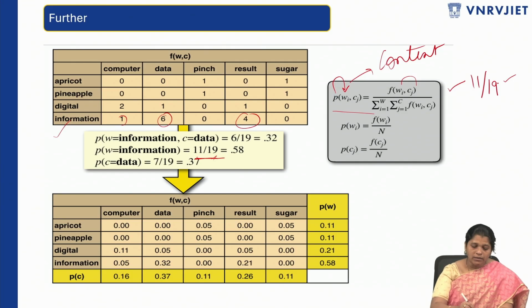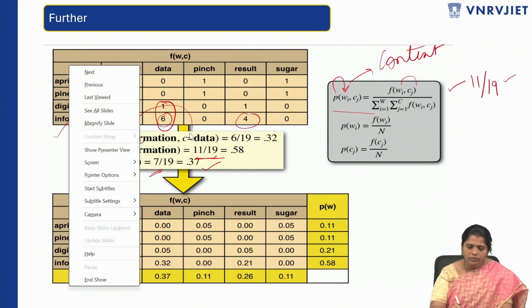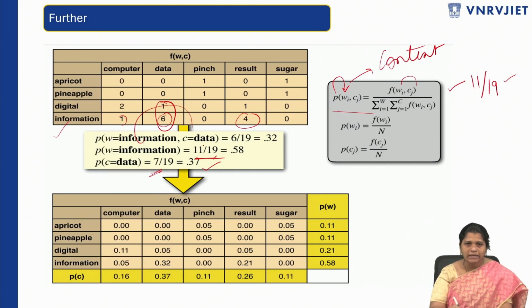Similarly, the probability of occurrence of the word data, with respect to the total number of available words, is 6 plus 1, it is 7 by 19. Similarly, if I want to infer the occurrence of the word information with respect to the context data, it is 6 by 9. It is 6 by 9 where I am talking about the information with respect to data.